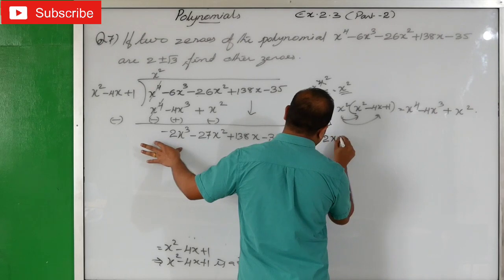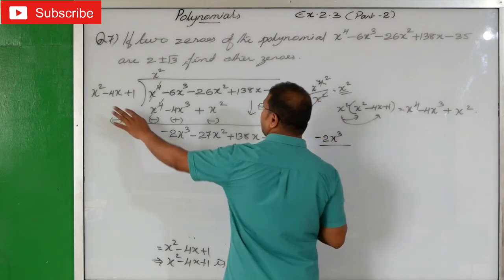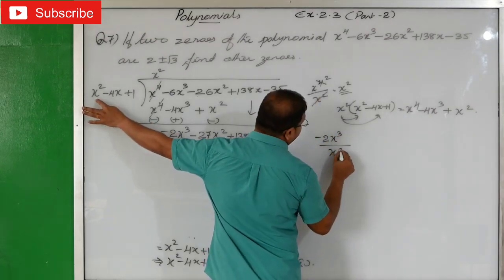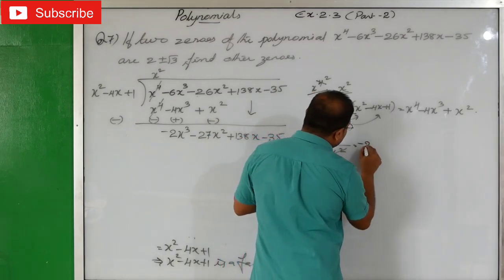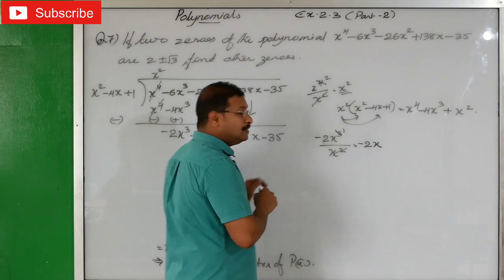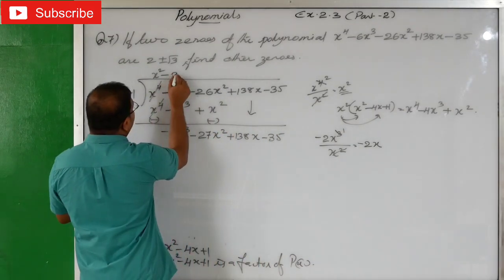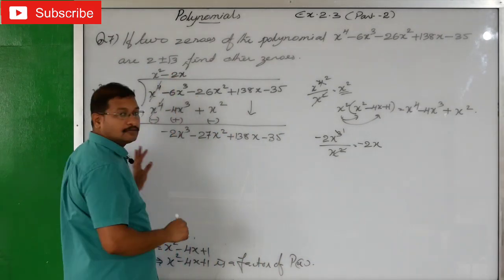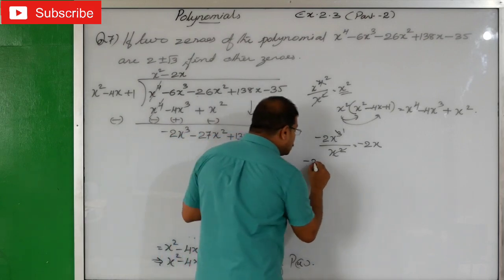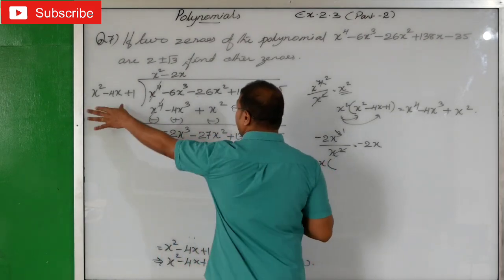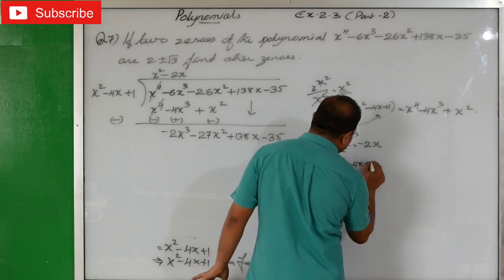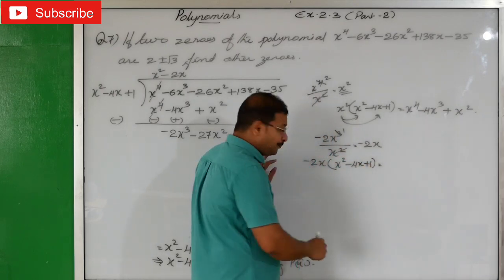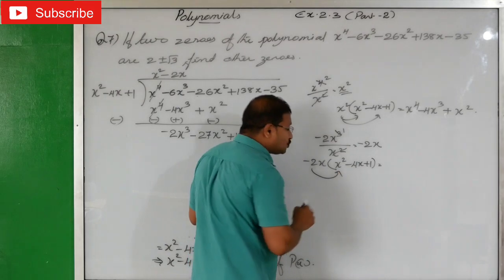Minus 2x cube divided by, what is here? X square. X square out of x cube, 2 will cancel. That means 1. That means minus 2x. Ready? So we'll write here minus 2x. Now minus 2x into the divisor. What is that? X square minus 4x plus 1 equals minus 2x into x square.